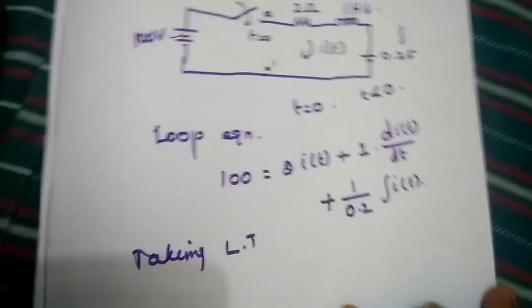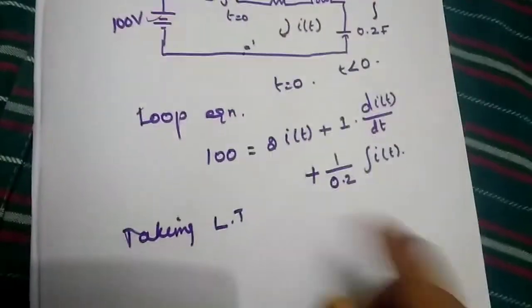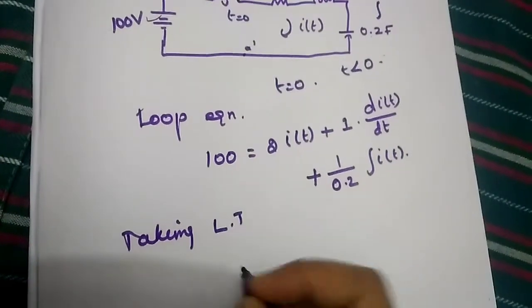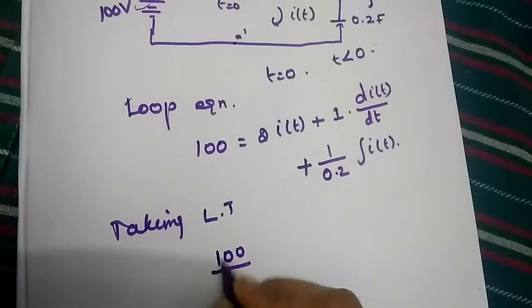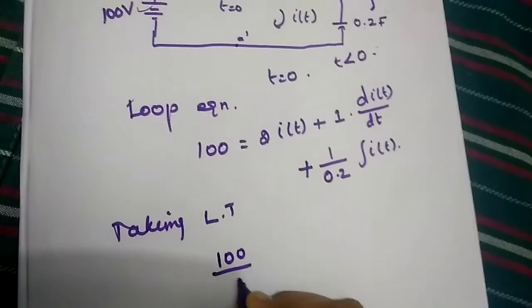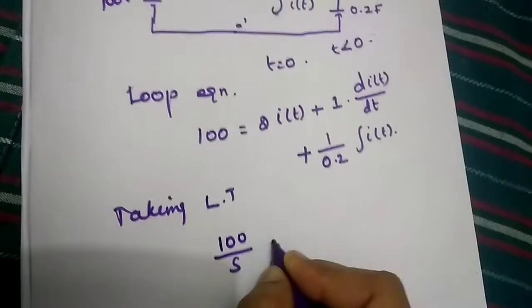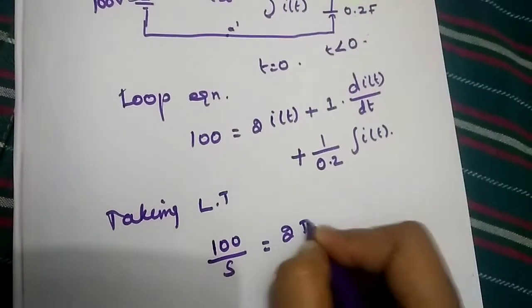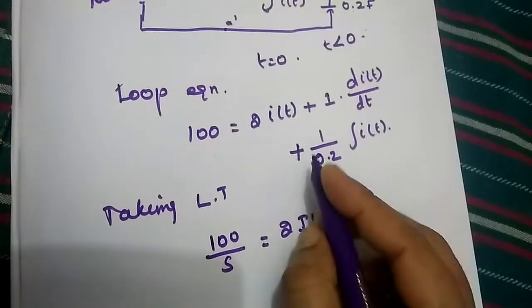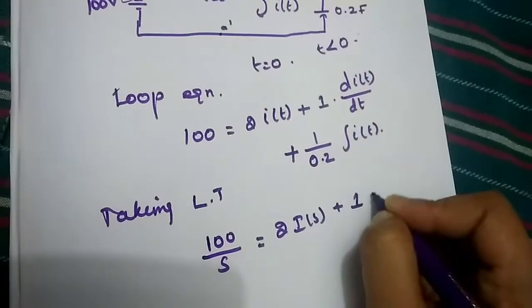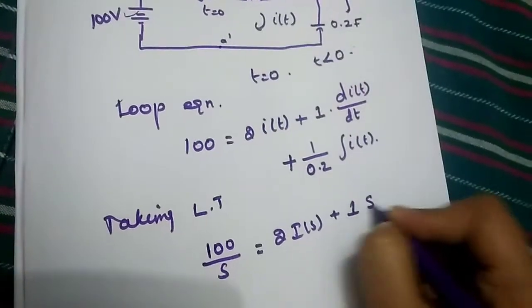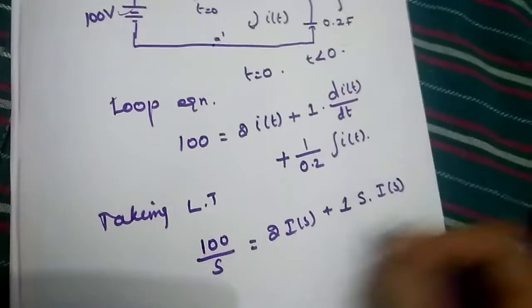So next step is taking the Laplace transform. We find the current using Laplace transform. So 100, the constant, we know the Laplace transform of a constant is 1 by s. So this becomes 100 divided by s, and 2 I(s). This I(s) is the Laplace transform of i(t), and plus 1 into the derivative, this becomes s into I(s).